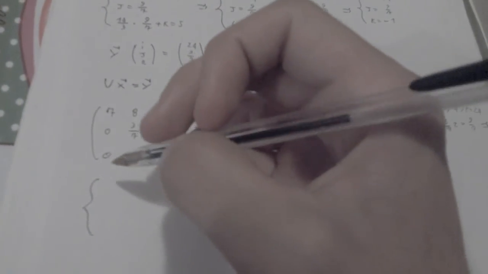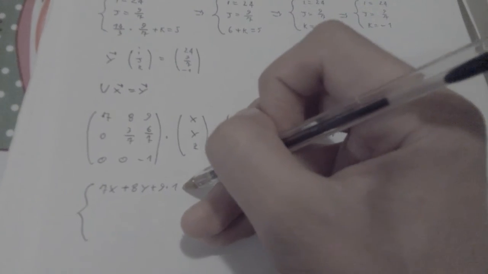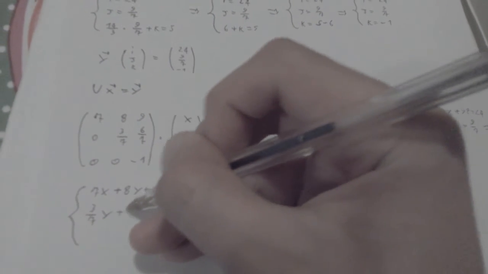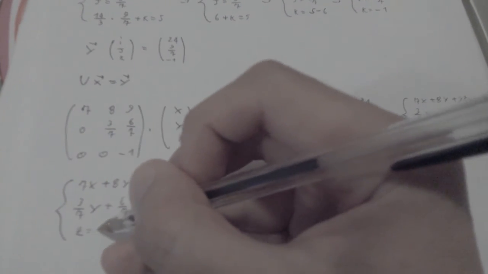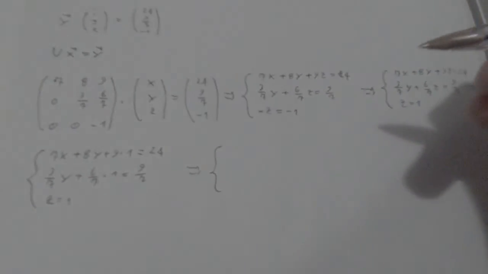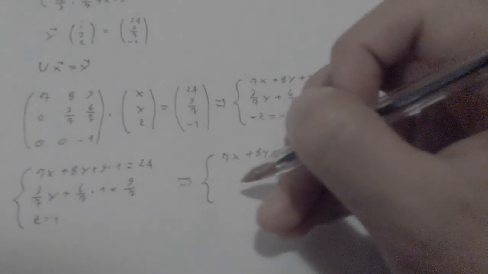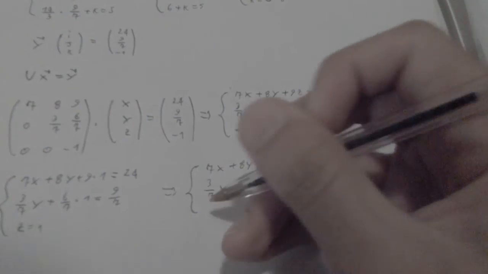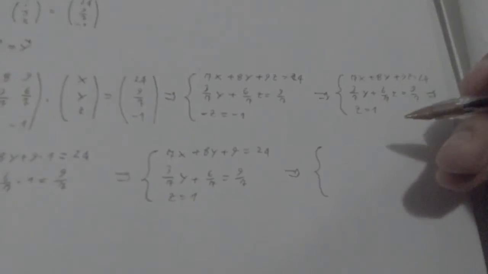We're gonna have 7x plus 8y plus 9 times 1 equal to 24, and 3 over 7 y plus 6 over 7 times 1 equal to 9 over 7, and z equal to 1, that we had already found and we used.